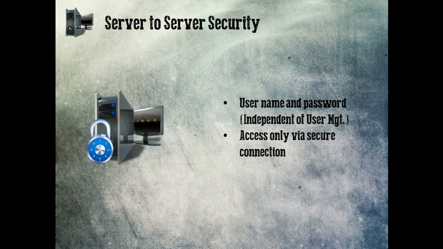There's a username and password provided, which is set for each server, and this is independent of the user management module that I already talked about. This is simply because it is set differently, and there are no permissions running across for the different servers. So once you give one server access to another, it will have full access to that instance of RapidFTR. And of course, this is all done via a secure connection.